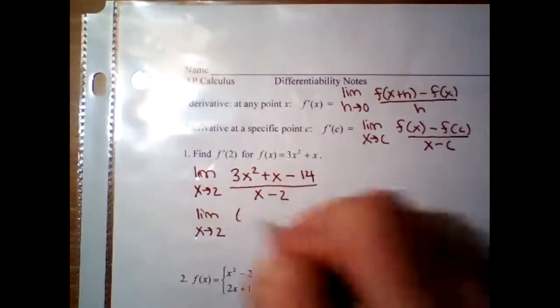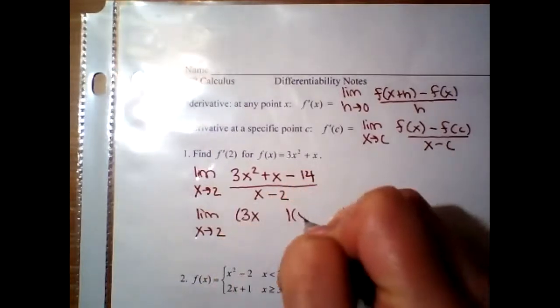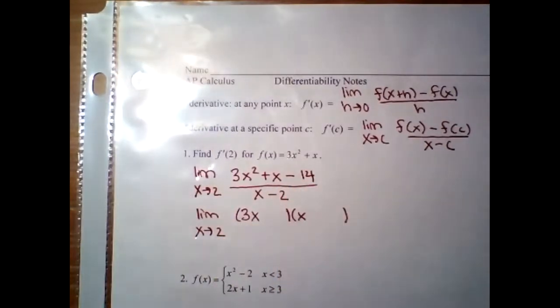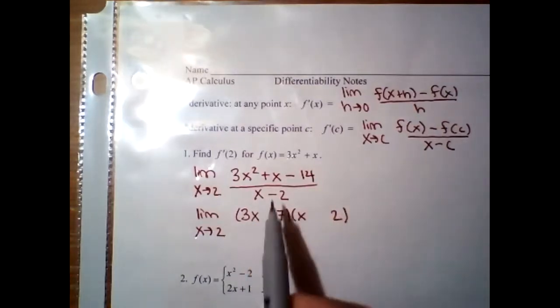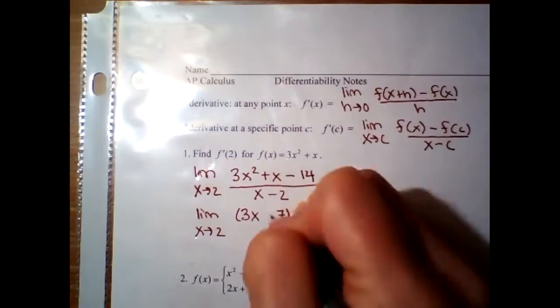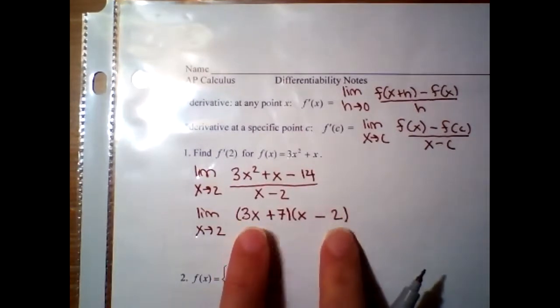So splitting the numerator is going to give us 3x and 1x. 14 is going to split into 7 and 2. And to get a positive 1x in the middle, we would need positive 7 and then minus 6 for the outside.